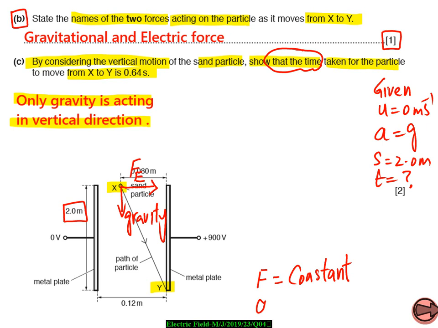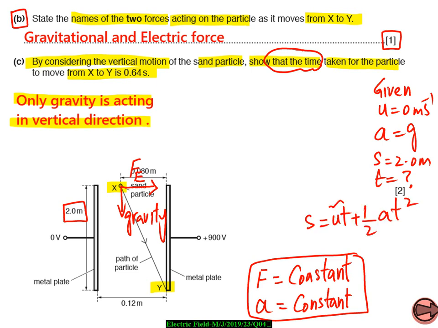As in this case u is equal to 0, we can simplify this and say that s is equal to 1 half at squared. With this understanding, we can just plug in values. s is given to us and g is also a constant, so we can figure out the value for t, which means we can find the time taken.